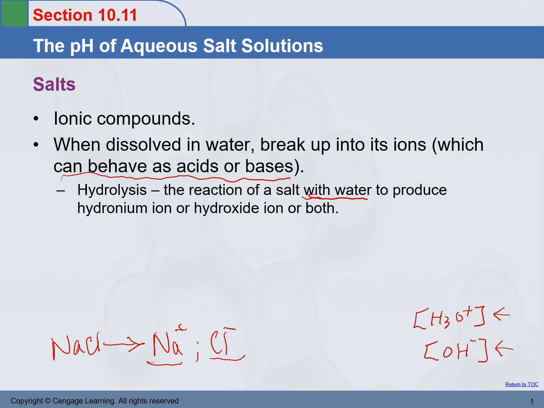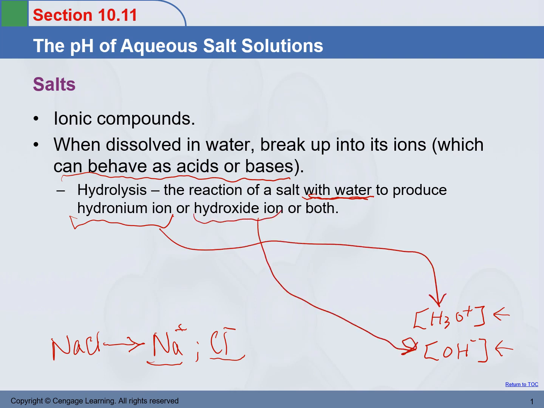And not only do they react with water, they may produce either hydronium ion or hydroxide ion. Therefore, they will have an impact on the pH of a solution. This kind of reaction, where something reacts with water to produce hydroxide ion or hydronium ion, is called a hydrolysis reaction.